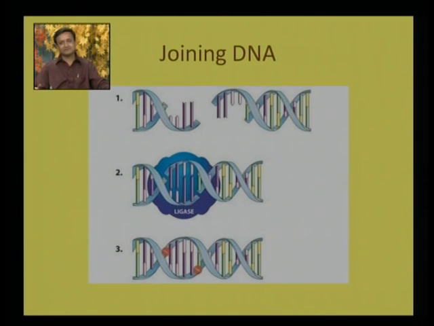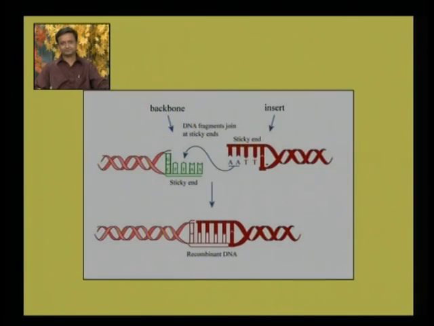Joining requires specific enzymes known as glue enzymes, which are mostly DNA ligases. Ligases use deoxyribonucleoside triphosphates as well as energy in the form of ATP or NADH, and this is how they complete the DNA molecule, with no cuts or nicks within the DNA when joined using glue-like enzymes such as DNA ligases.